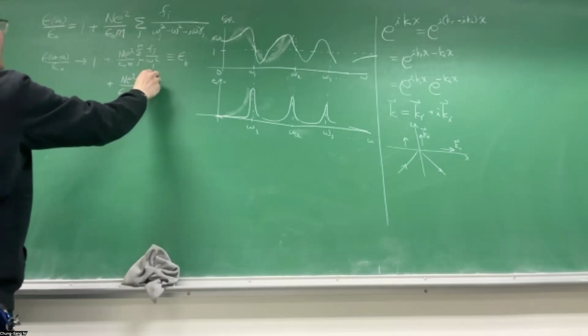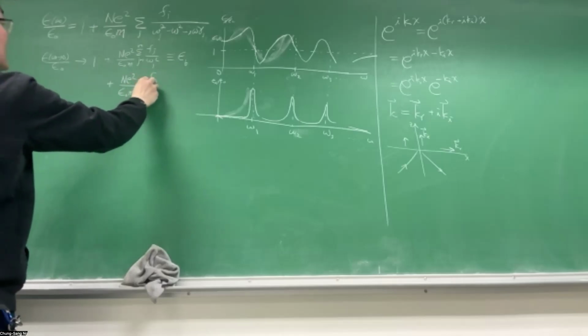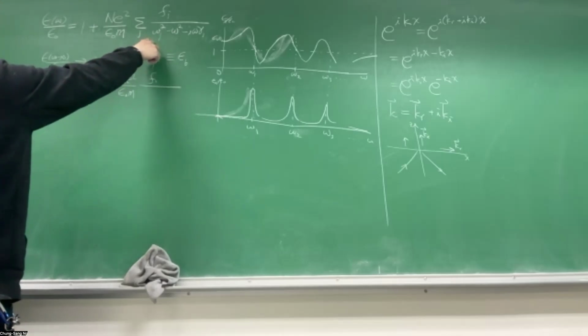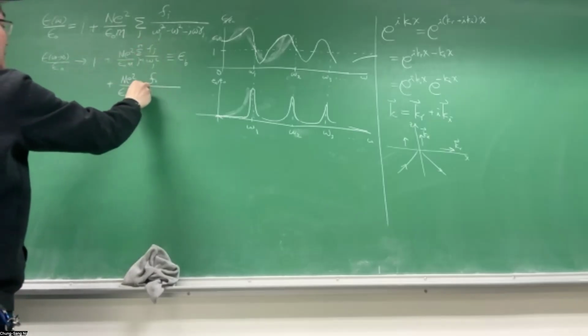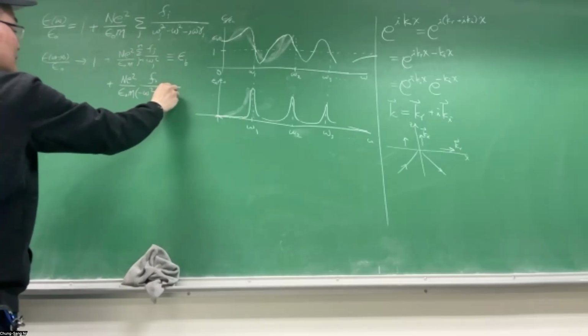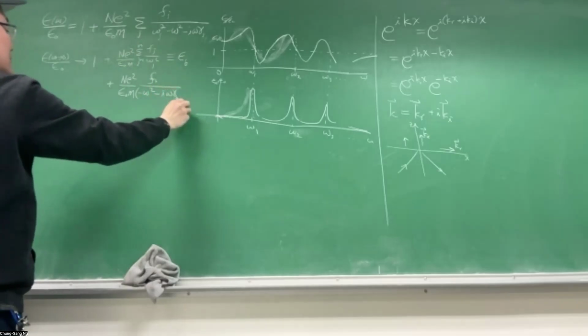So you have the f sub 0, and omega sub 0 is 0. Just minus omega squared minus i omega gamma sub 0.